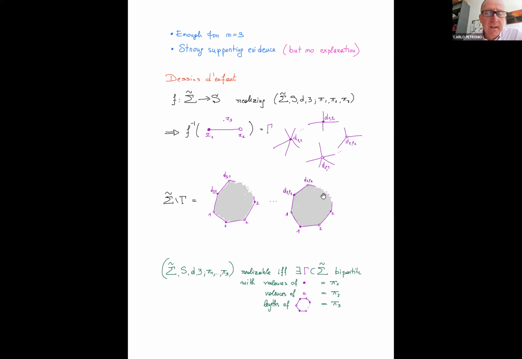This is elementary, and the construction can be reversed. So a datum is realizable if and only if there exists a bipartite graph gamma in the candidate covering surface sigma twiddle, where bipartite means vertices are black and white and all edges join black to white, with valences of black corresponding to the entries of pi1, valences of white corresponding to the entries of pi2, and the lengths I've just alluded to equal to the entries of pi3.